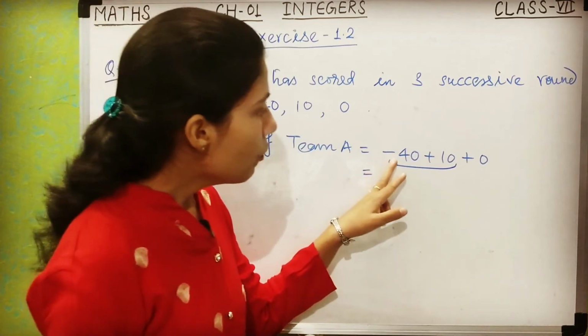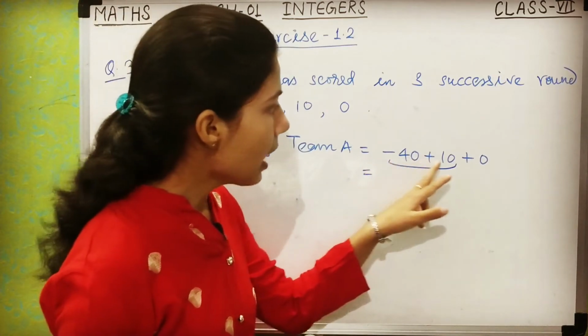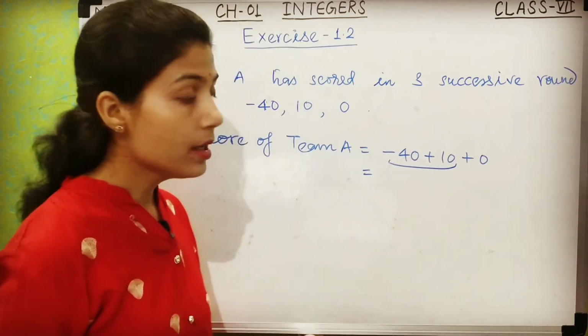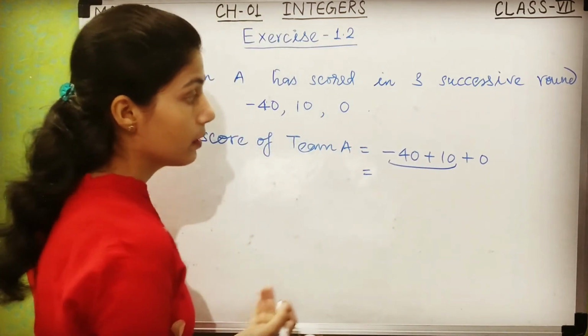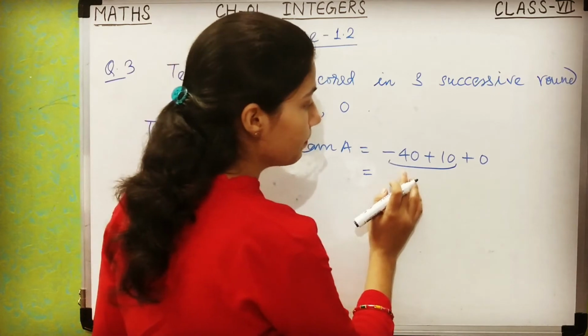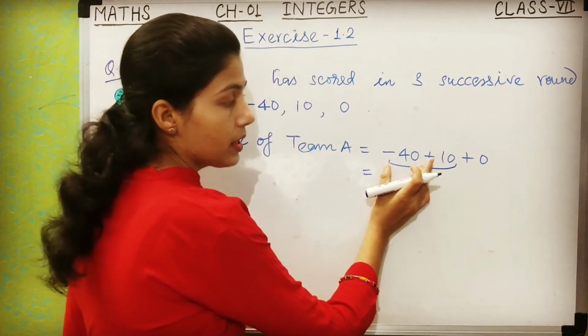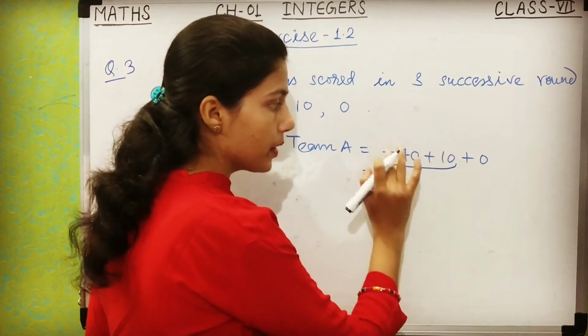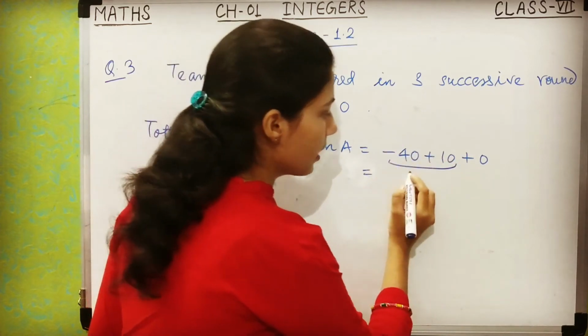Now see, one is negative integer, another is positive, and there is addition sign between them. According to the 4th rule of addition, if one is negative, another is positive, and there is addition between them, you have to subtract the numbers. So 40 minus 10 is what?